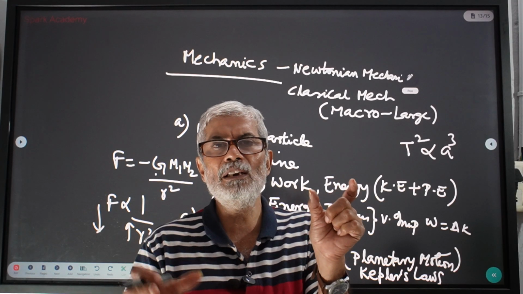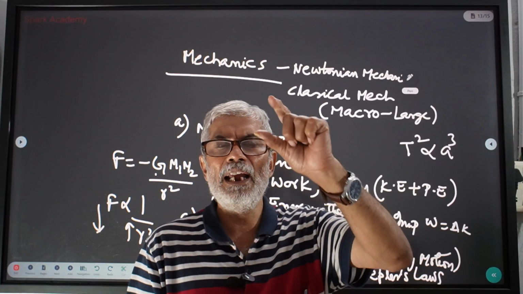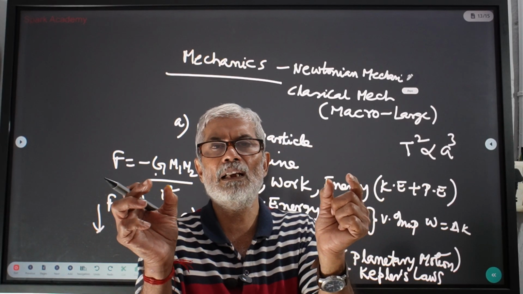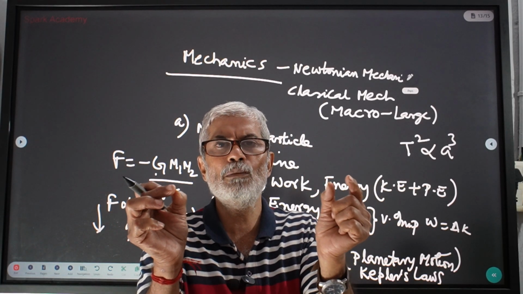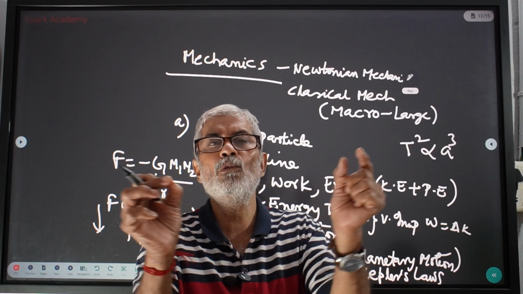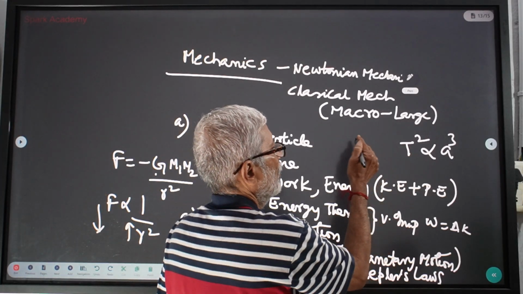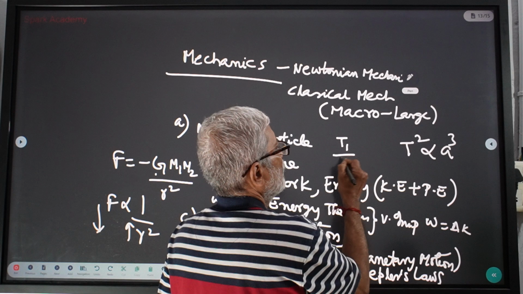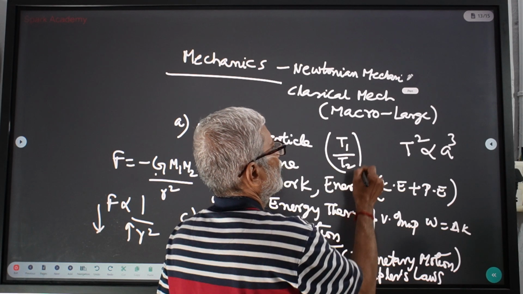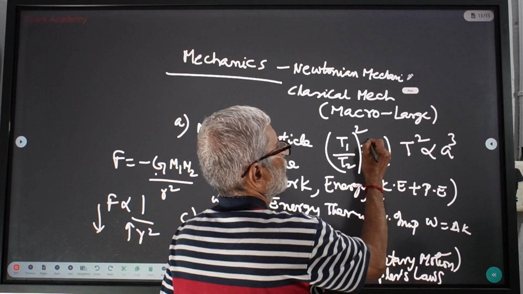Now, when the time period changes, the distance will change, A1 and A2 will change. So what is the formula? The formula is T1 by T2 whole square is equal to A1 by A2 whole cube.